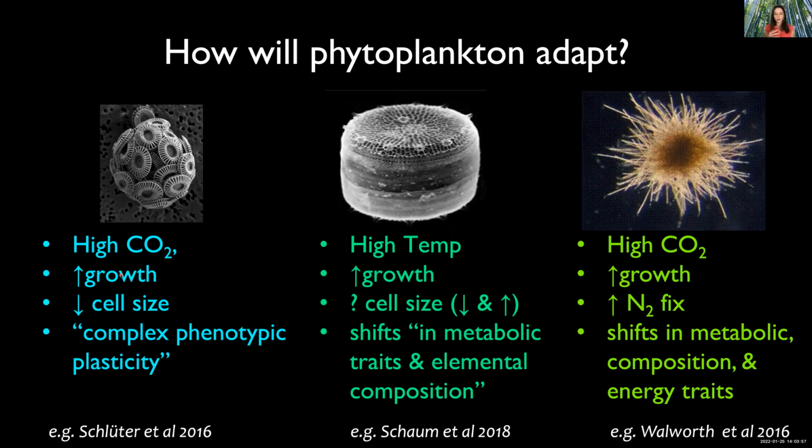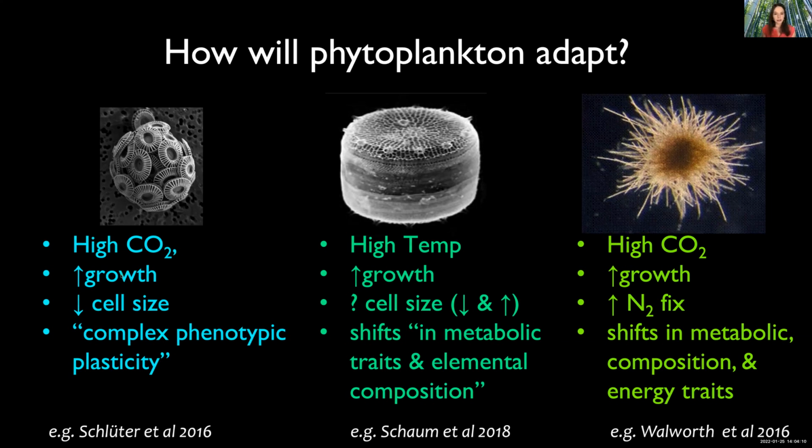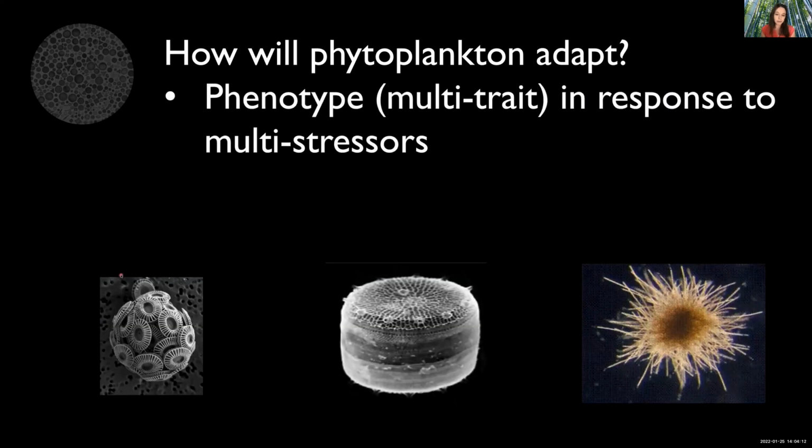So what I see emerging is that even in these simple lab experiments with single stressors, there are these complex phenotypic responses that occur. For me, it's becoming more and more clear that in order to answer the question about how phytoplankton will adapt, we really need to think about how phenotypes are going to respond.